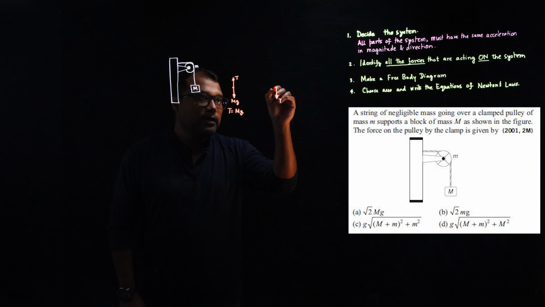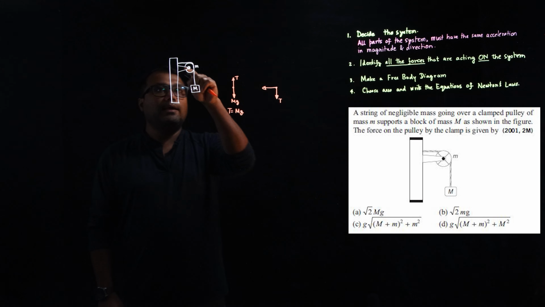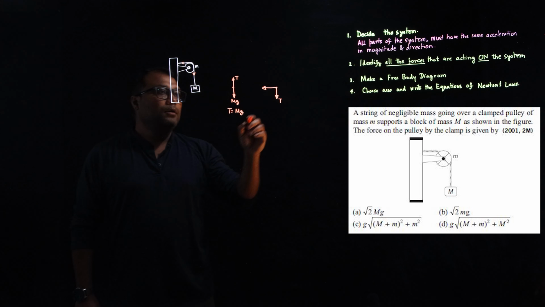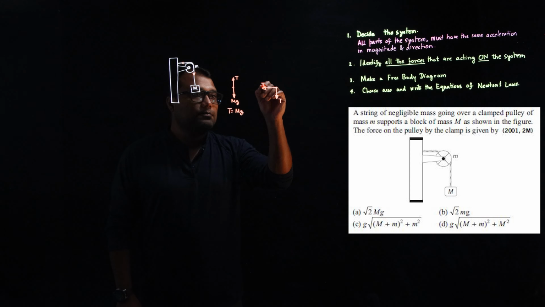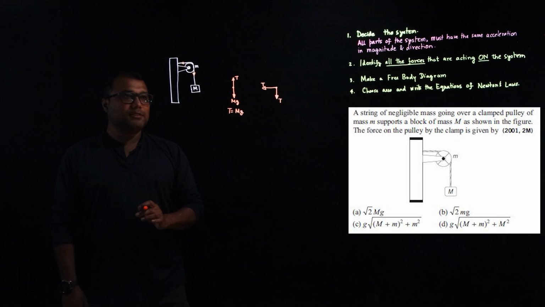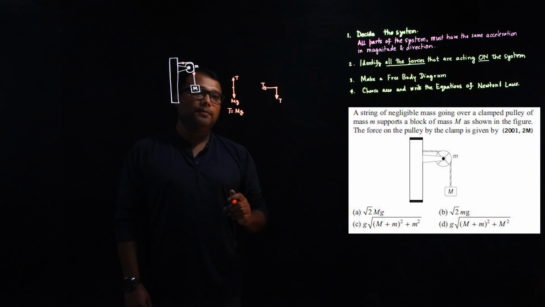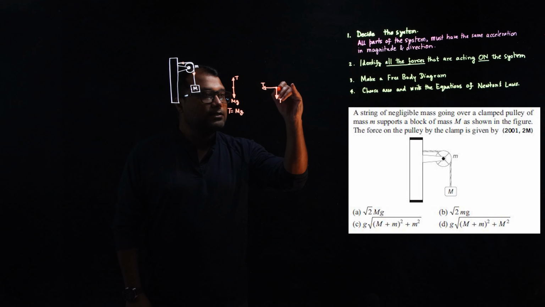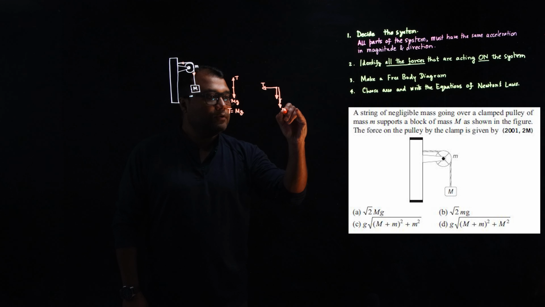It is also being pulled by the tension here, which is the same because it is a continuous rope and it's a massless rope. In addition to that, this pulley itself has its mass, so there is another downward force which is small mg.